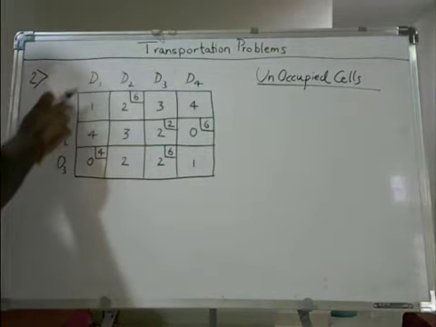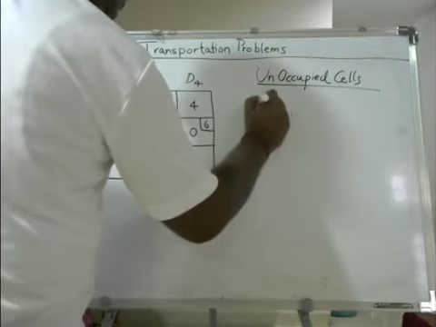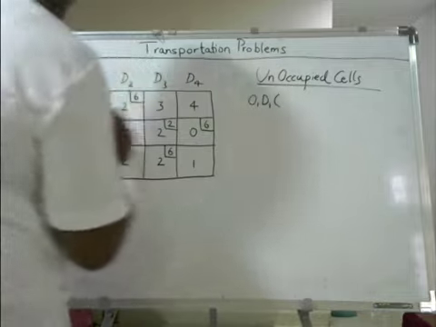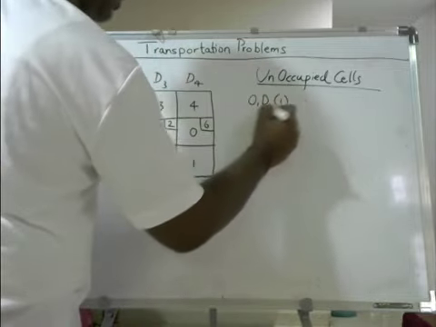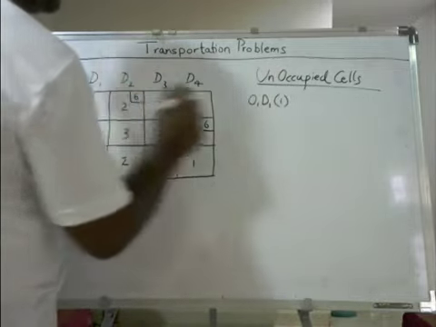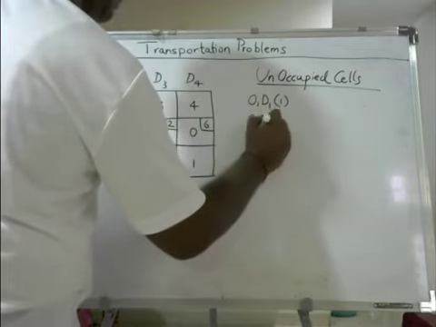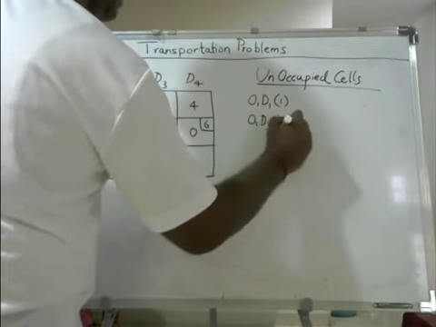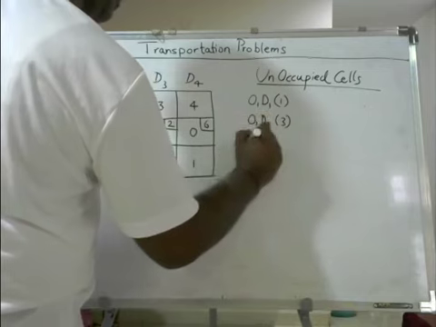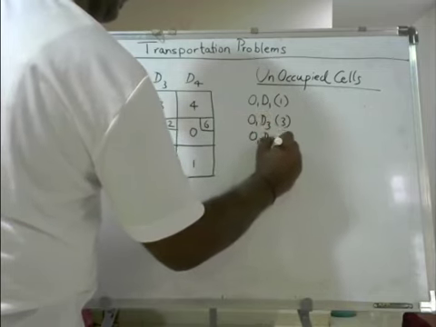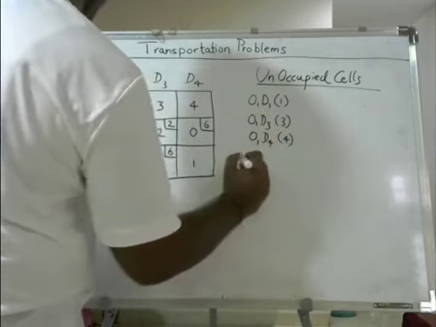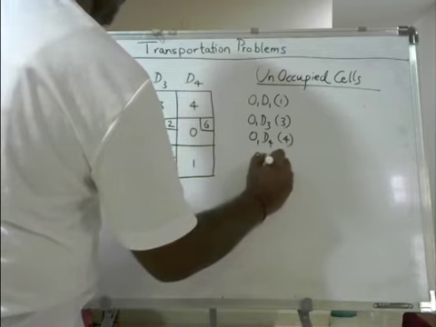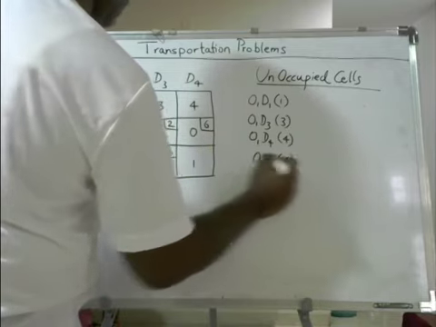This is unoccupied cell O1 D1, with a cell value of 1. Then O1 D3 with cell value 3. O1 D4 with cell value 4. O2 D1 with cell value 4.